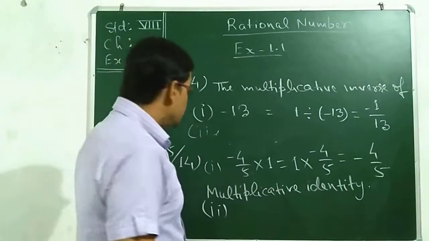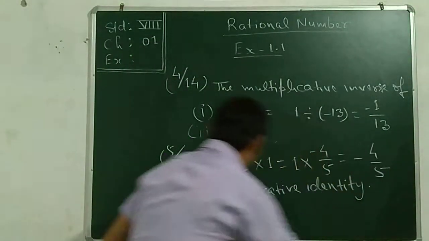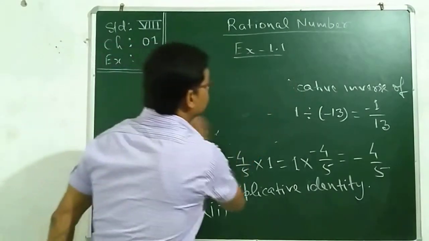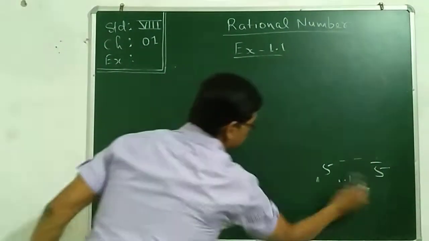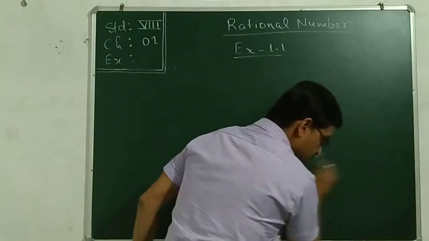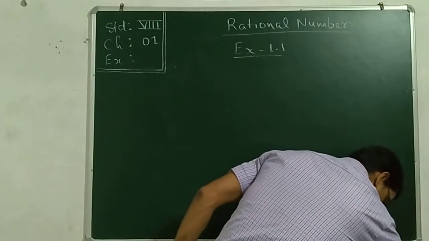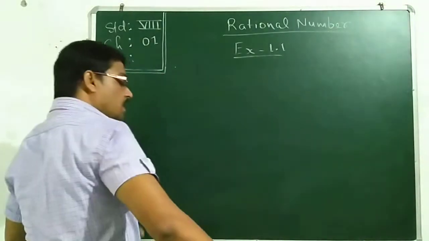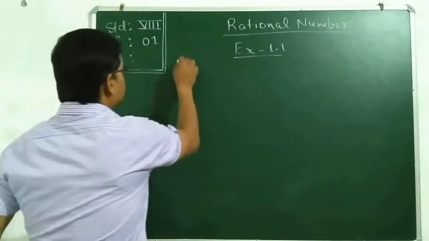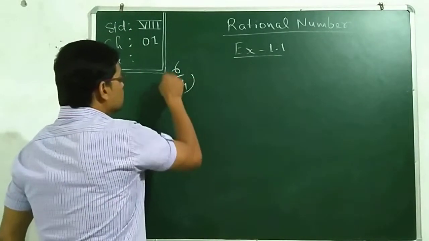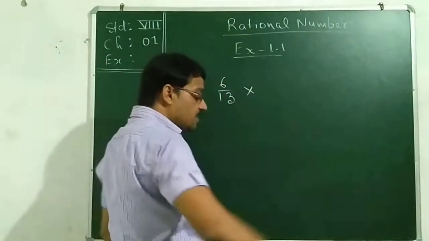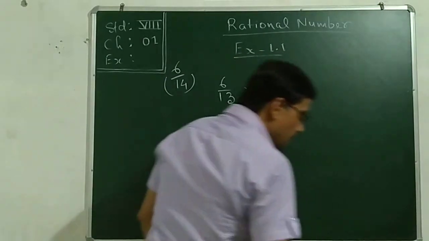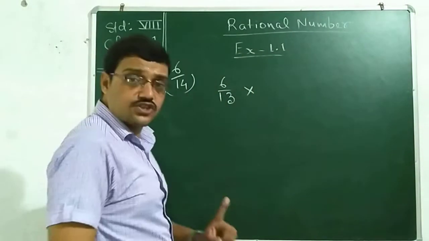Thereafter, come to the sixth sum. Multiply 6 by 13 by the reciprocal of minus 7 by 16.